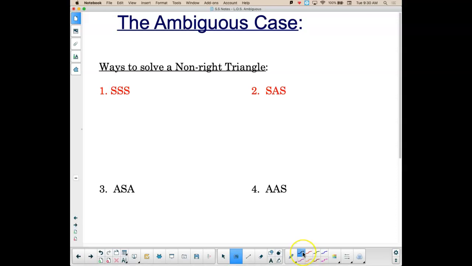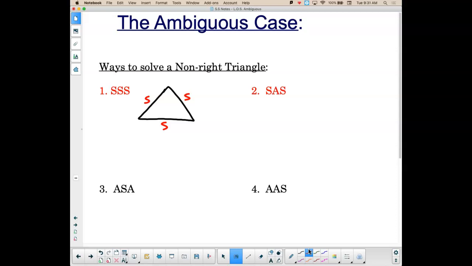So we'll always be given 3 bits of information. Either we're going to be given 2 sides and an angle, 2 angles and a side, or 3 sides. All different ways to do things. If we're given the 3 sides of a triangle and we're tasked with solving that triangle, we're going to use law of cosines.